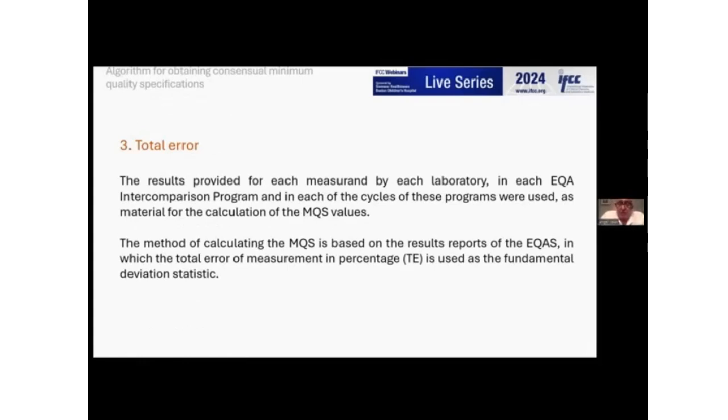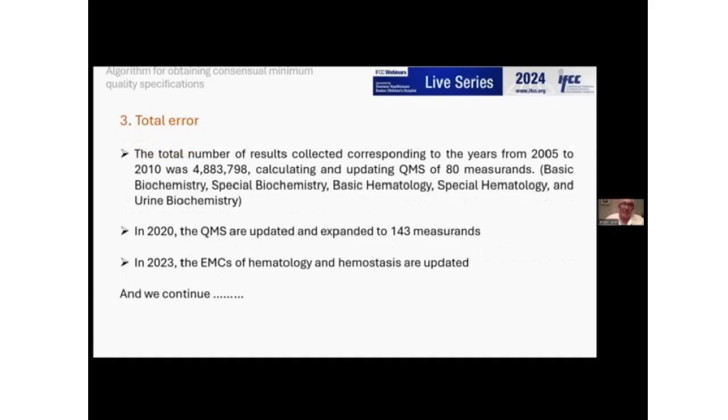To give you an idea of the amount of data we have in a study conducted from 2005 to 2010, note that the number of data provided by the different societies approaches 5 million. This study allowed us to determine a series of specifications for 80 measurements.